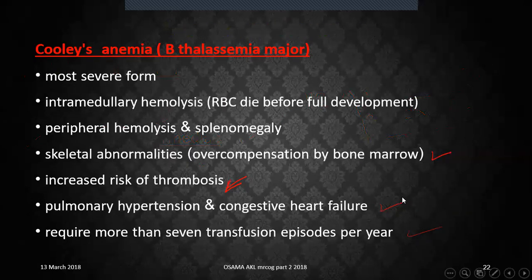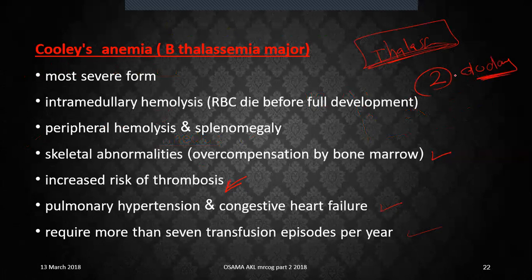Don't forget that thalassemia, we said that thalassemia is a risk factor for thromboembolism. What is the score of thalassemia as a risk factor? Thalassemia takes score 2. So we need at least 10 days postpartum.